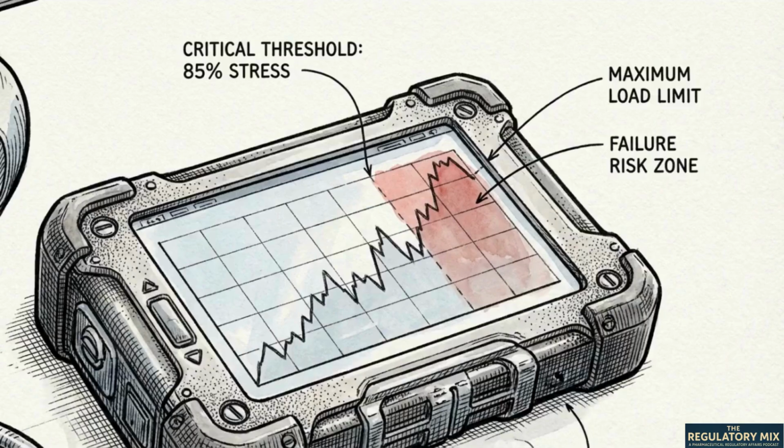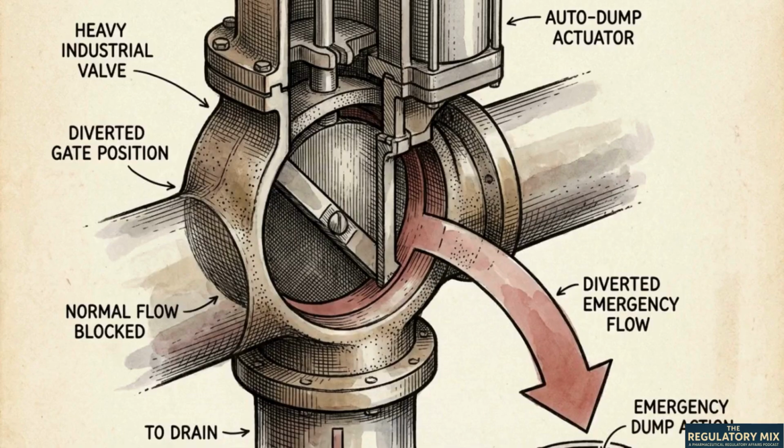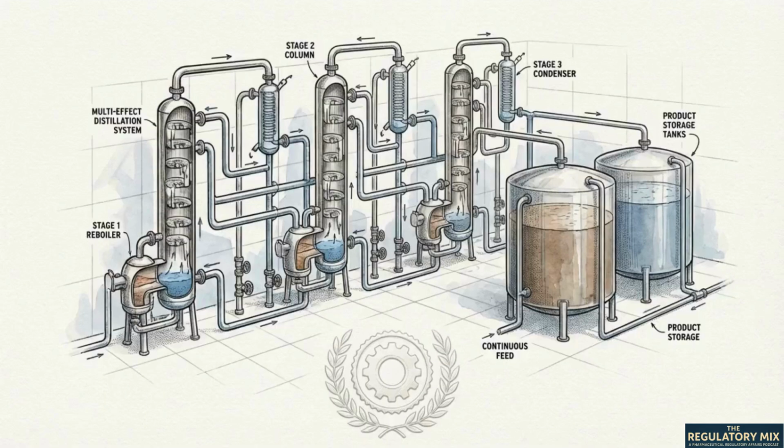Next is OQ, or operational qualification. This proves that the hardware behaves correctly under stress, verifying that the auto-dump valve actually fires open the exact millisecond the conductivity spikes. Finally, PQ, or performance qualification, proves the entire integrated system can hold temperature and maintain sterility over long periods of continuous commercial operation.